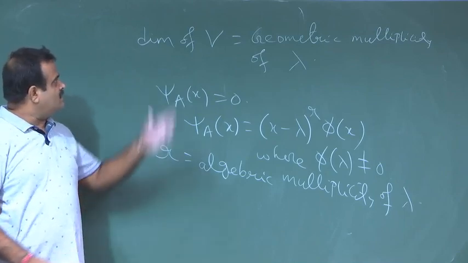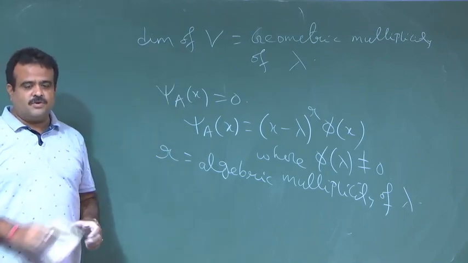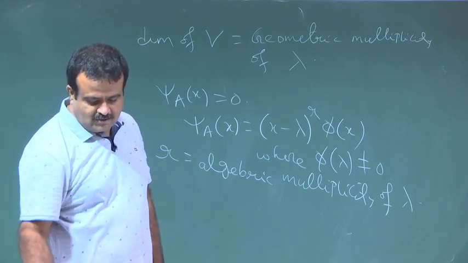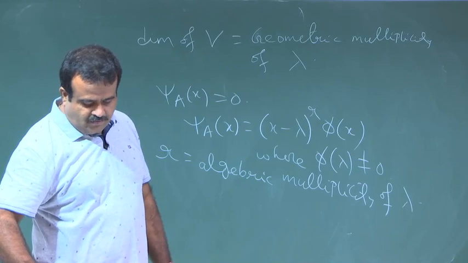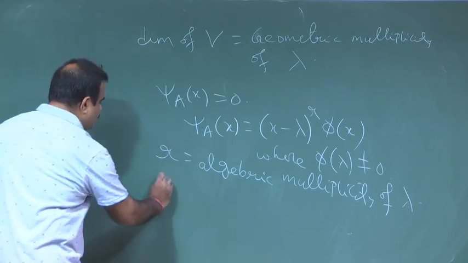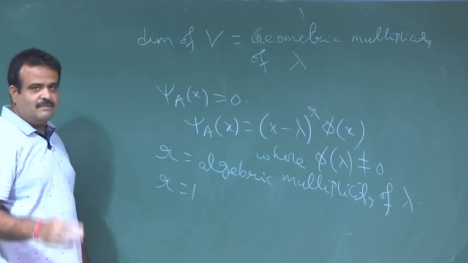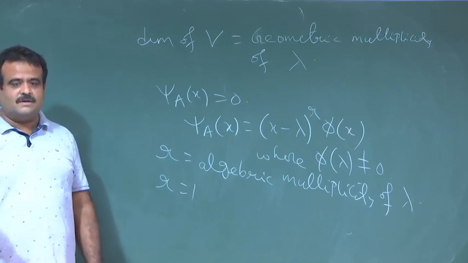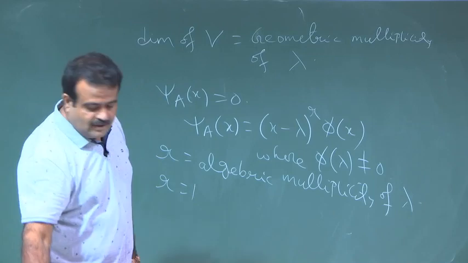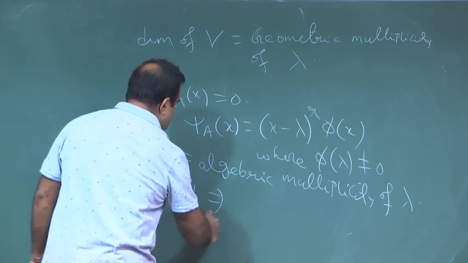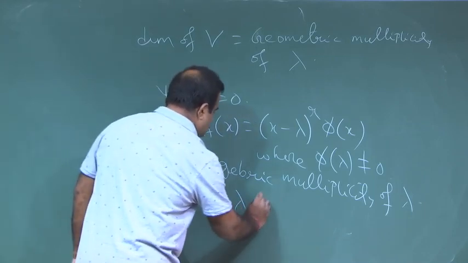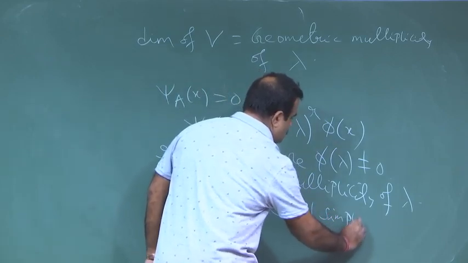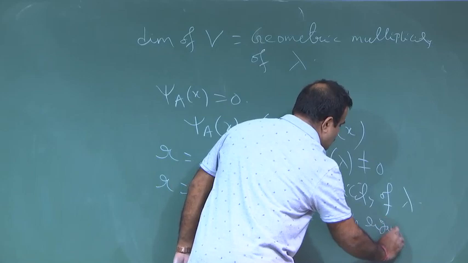And the dimension of this vector space is called the geometric multiplicity of lambda. So, we have a result: if r is 1, that means lambda is a root with multiplicity 1, then lambda is called a simple eigenvalue.